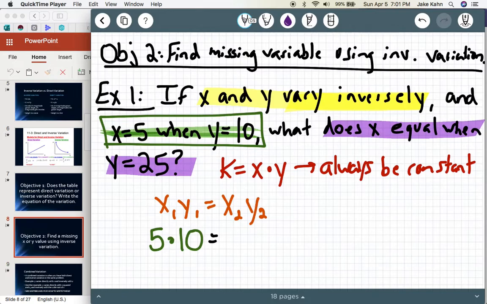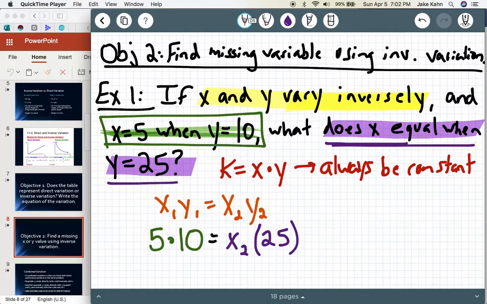Well, that comes from our second part here. It says, what does x equal when y equals 25? So we don't know what x equals. We know that y equals 25 in this case, though. So we are going to keep x2 as x2, and for y, we are going to substitute in 25. And then we just solve for x. It's as easy as that.